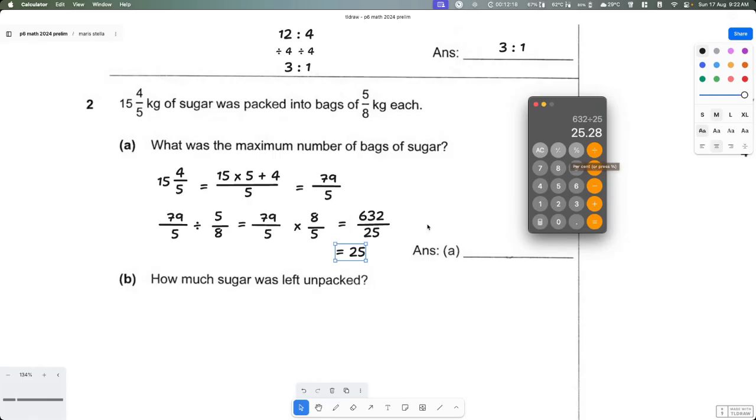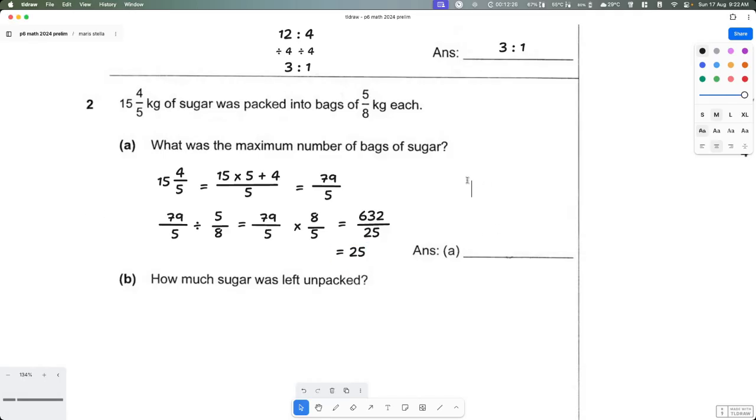So 0.28 is equal to 28 out of 100, which is also equal to, if you divide by 4, 7 out of 25.